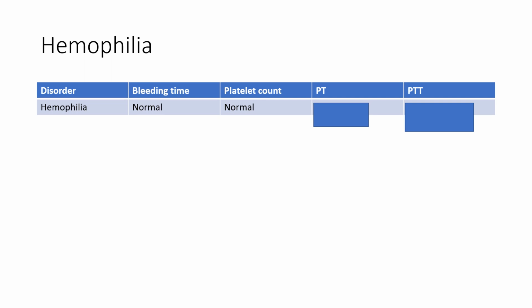And that does make sense, but the body makes platelets at a rate that is faster in general than what's depleting them, unless in the settings of like severe trauma, where the platelets will be low anyway because of the trauma. So it's generally not affected by that. So the platelet count is normal.